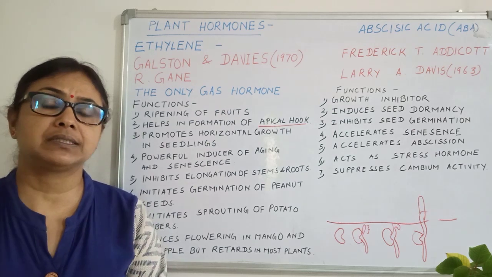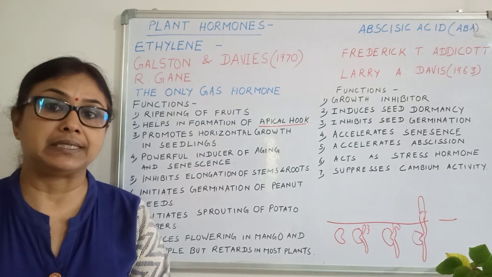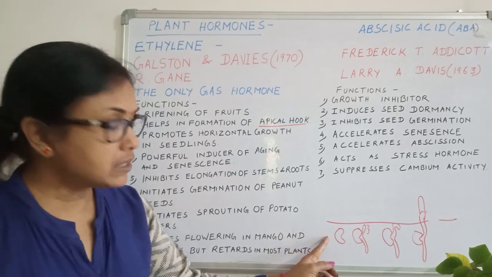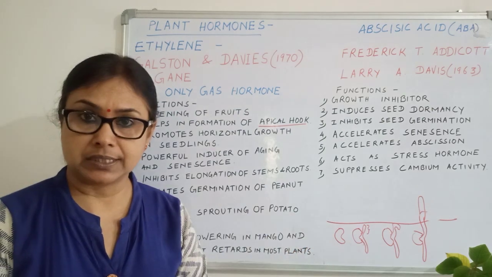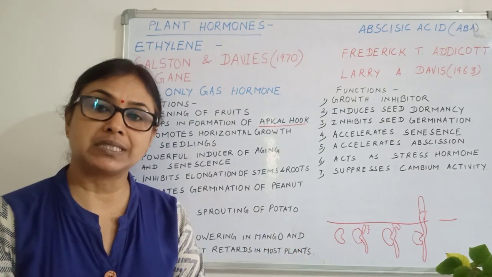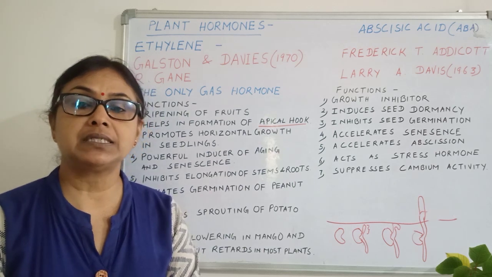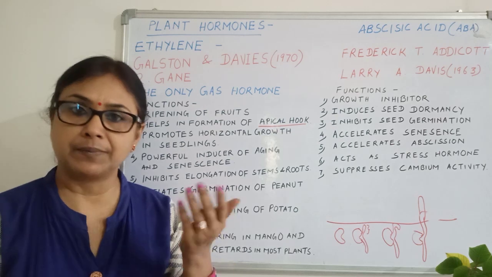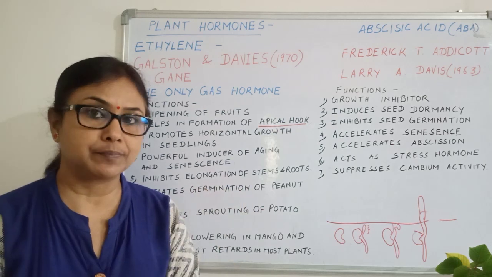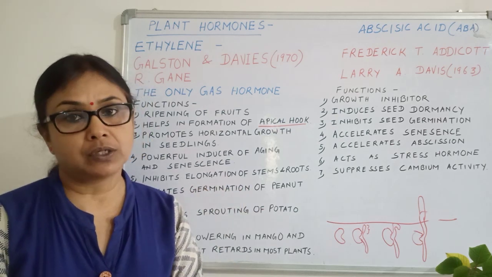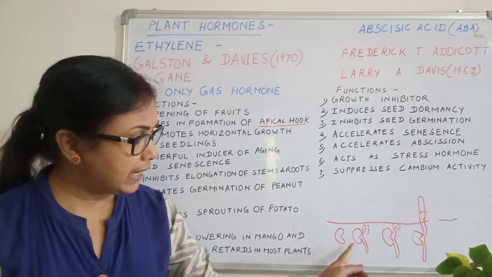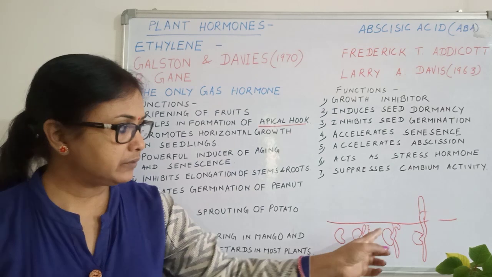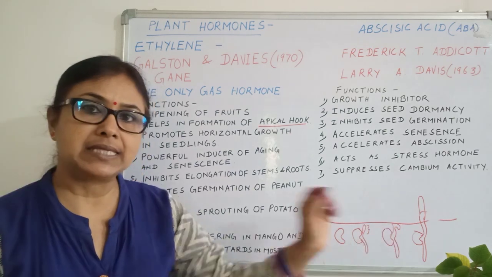Another important aspect of ethylene is during the process of germination. In the monocot seeds, the coleoptile is present, which protects the shoot apex during germination, while its emergence from the soil, and later also it plays an important role in the dicot seeds. When the dicot seed has germinated, the plumule and the radicle have come out, and you can see here that the hypocotyl has emerged.